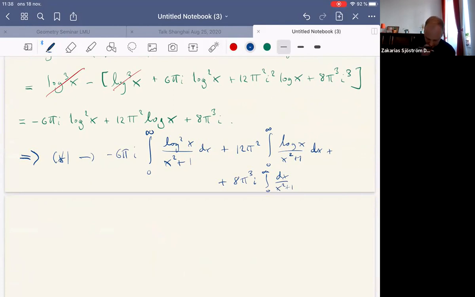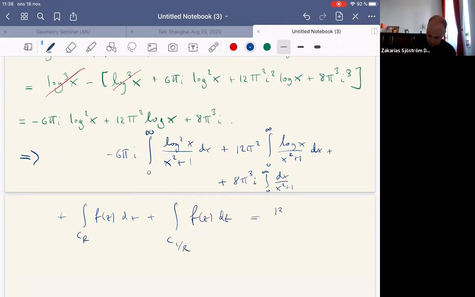Okay, let me write it like this. So this will imply this thing, and then plus the remaining things on the big circle, plus the integral on the small circle.